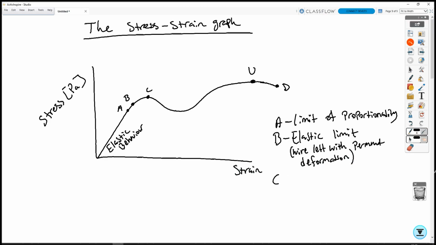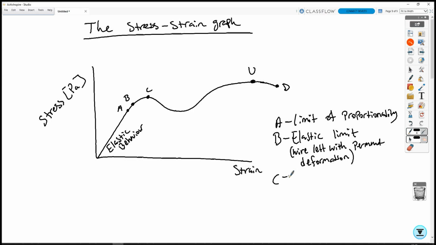C is called the yield point. Now, if you ever see the yield point happening in real life, it looks quite freaky. So up to that point, you've been loading masses slowly, and each time you load a mass, you see the same extension each and every time. So for example, if I put 10 newtons and I saw 2 centimeter extension, when I add another 10 newtons, I see a further 2 centimeter extension.